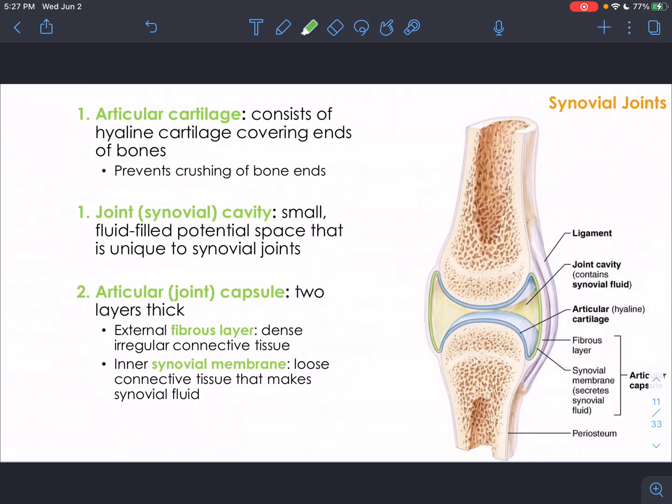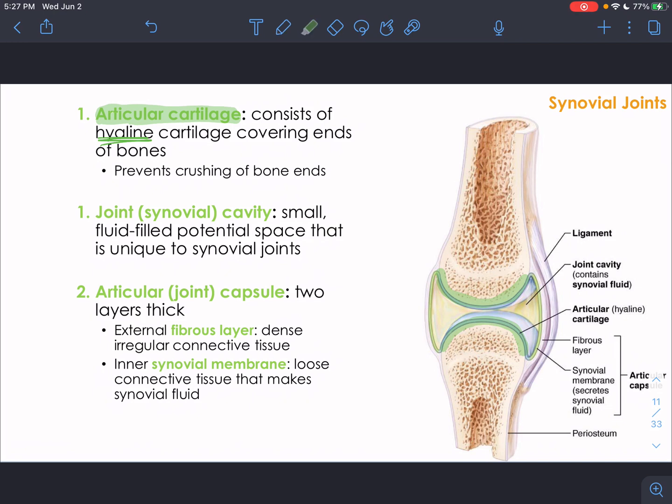So for the general structure of a synovial joint, okay, you're going to have articular cartilage present. The articular cartilage, again, we've talked about this previously, is the cartilage that's directly covering the ends of your long bones. Okay, articular cartilage is just preventing crushing or the wear and tear of the bone ends that are going to be in close contact with each other. And articular cartilage will be hyaline cartilage.